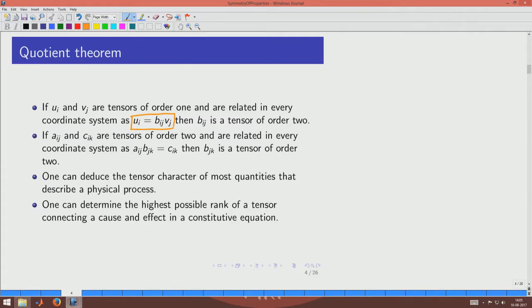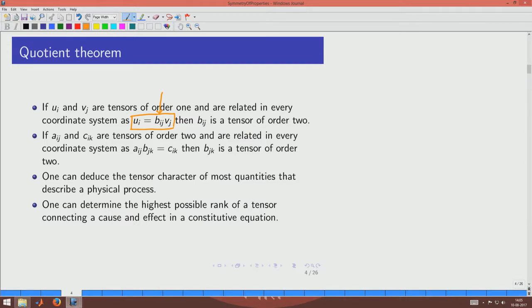Normally, if it was known to us that b and v are tensors, then concluding that u is a tensor is already known to us, because we have the properties of tensors available. But here the quantities given as tensors are on either side of the equal to sign, so the one that relates them both is what is being concluded as a tensor.